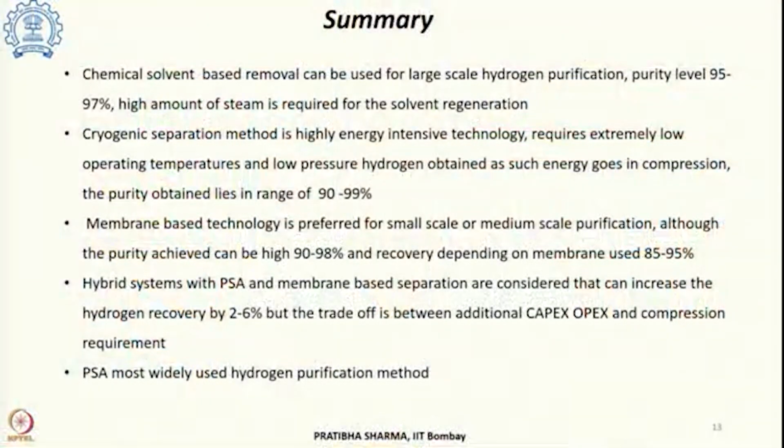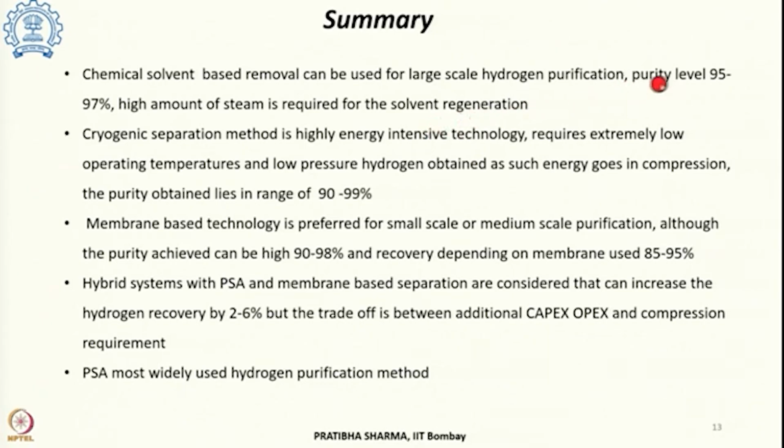Now, to summarize the entire section on hydrogen purification and separation, one of the methods we have seen is the chemical solvent based removal method. Although this, like pressure swing adsorption, is used for large scale hydrogen purification, the purity level that can be achieved is between say 95 to 97%, and at the same time it requires a large amount of steam for solvent regeneration.